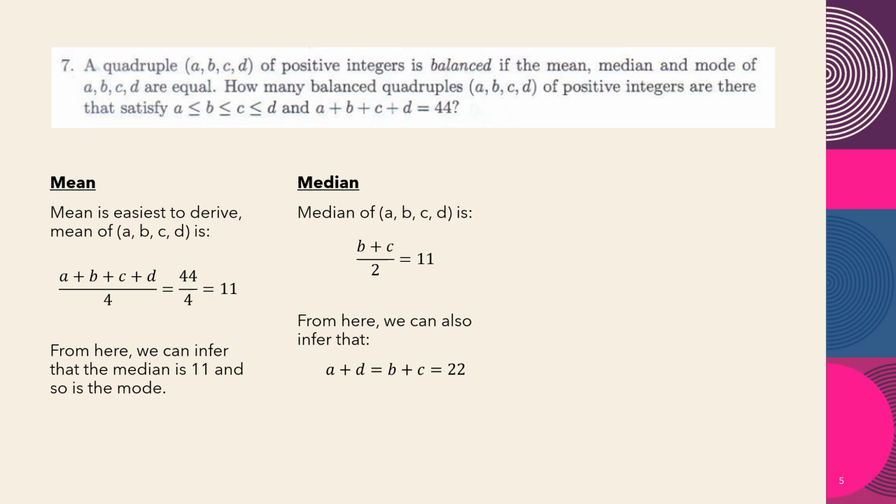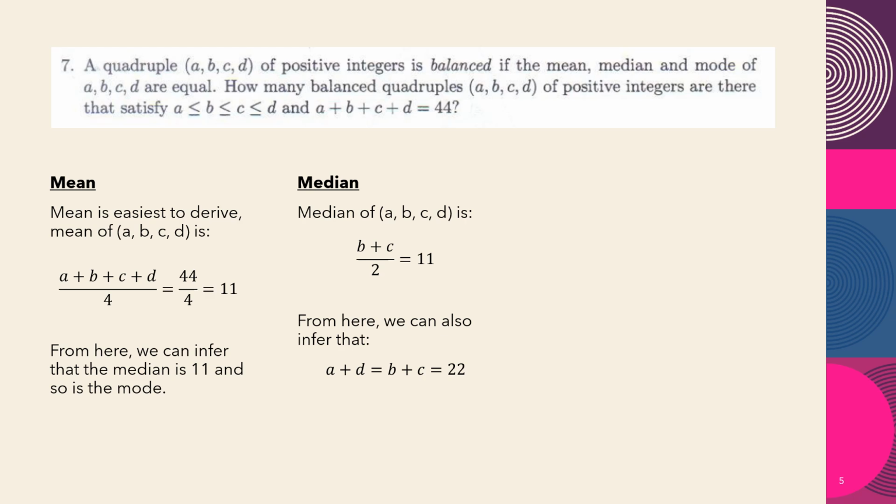So the median would be B plus C over 2, which is equal to 11. If you manipulate it a bit, we can infer that B plus C equals 22. And because A plus B plus C plus D is equal to 44, A plus D would then equal 22, which is also equal to B plus C. So we make a lot of connections over here.